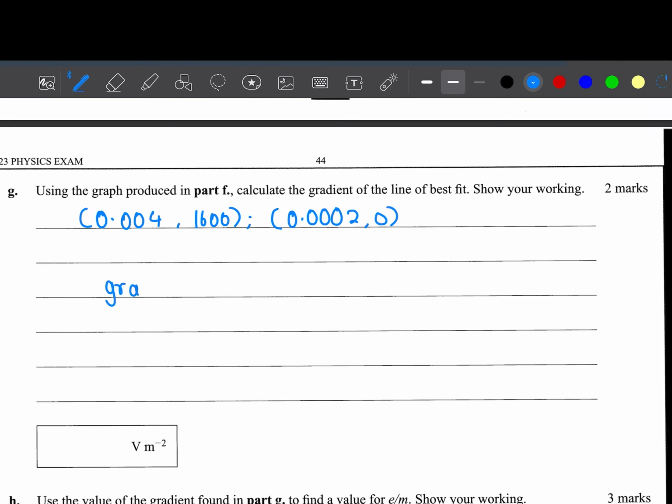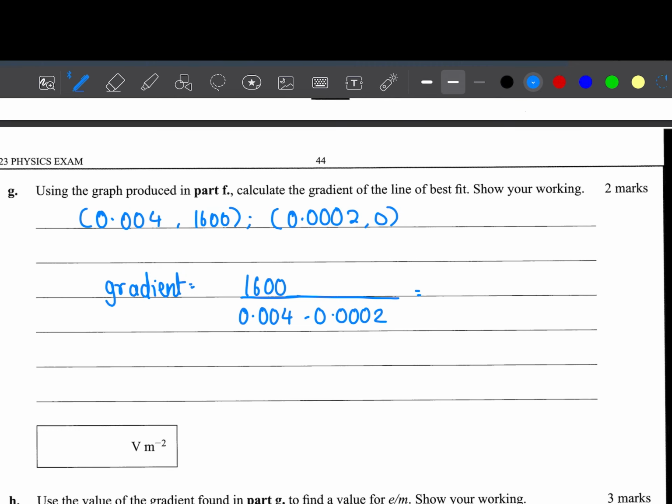So gradient equals 1600 divided by 0.004 minus 0.0002.